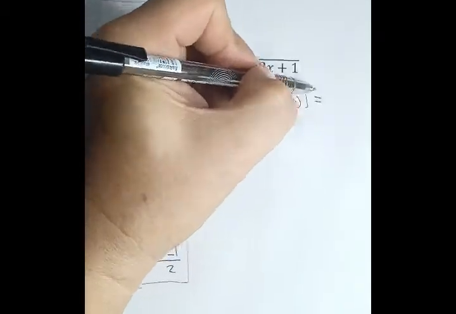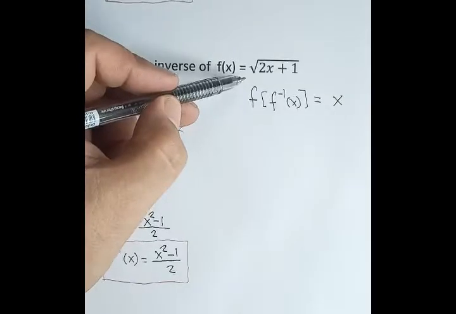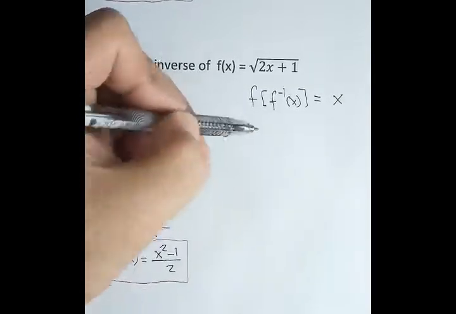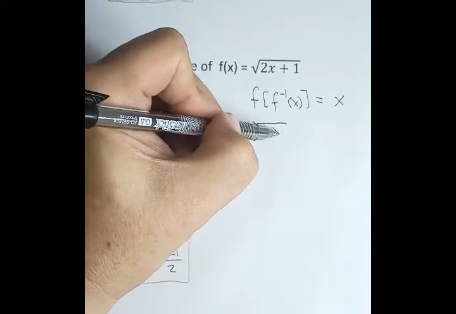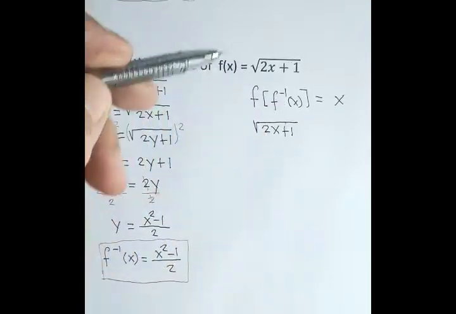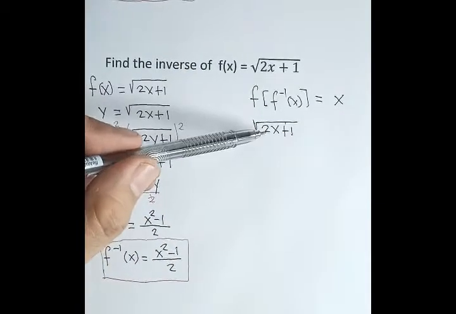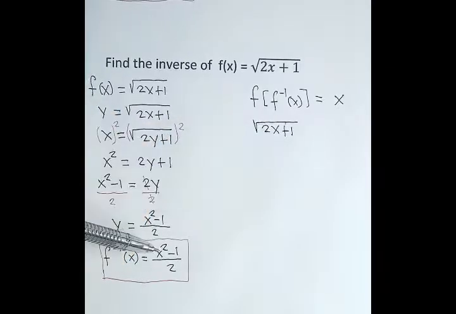Atong i-check kung equal ba ni siya og x. So our original function is square root of 2x plus 1. Okay, then atong substitute ang atong instead of x kaninang expression sa or the inverse.